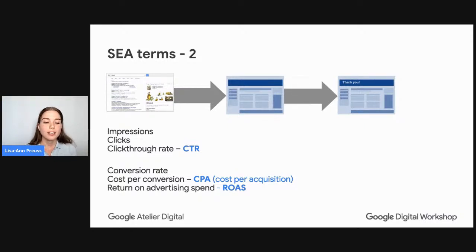And since CPC was already taken, this is abbreviated with CPA, also known as cost per acquisition. And your cost per acquisition is determined by your total costs divided by your total conversions, letting you know how expensive, on average, one new conversion is.